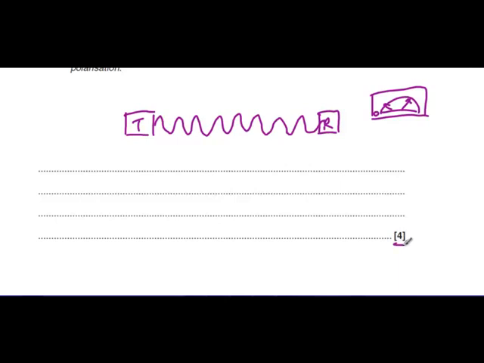So looking at the mark scheme, you've got 4 marks. So I'm going to say that the transmitter and receiver are on the same plane or on a bench facing each other. So T and R are facing each other.